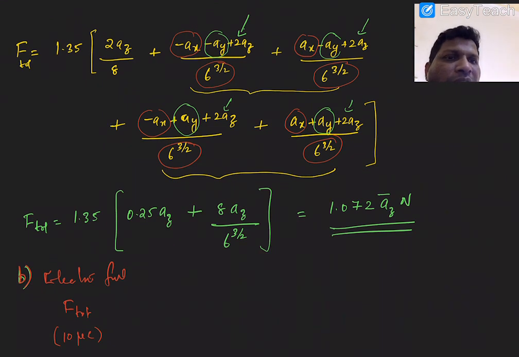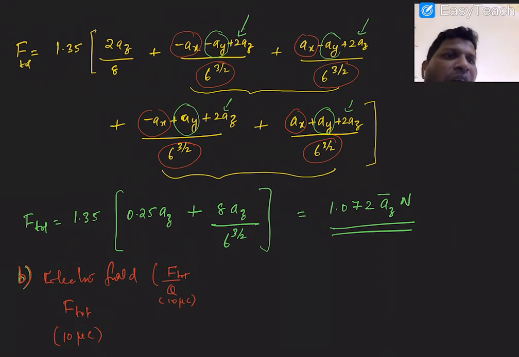And we know that the electric field is given as F divided by that particular charge, and here that charge is 10 microcoulomb. So we have the total force on 10 microcoulomb.